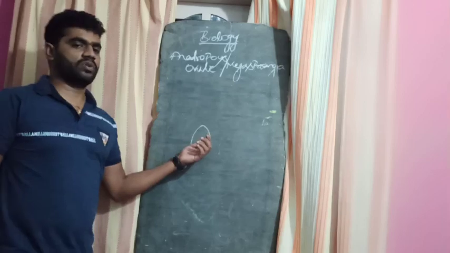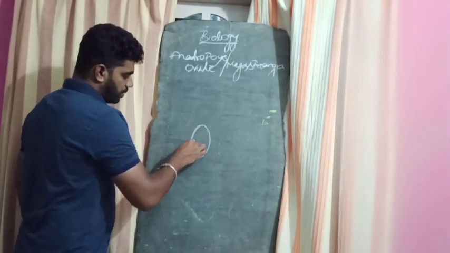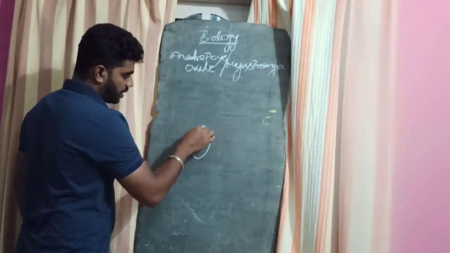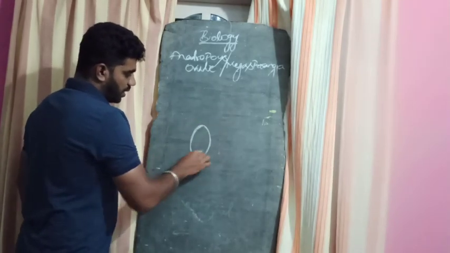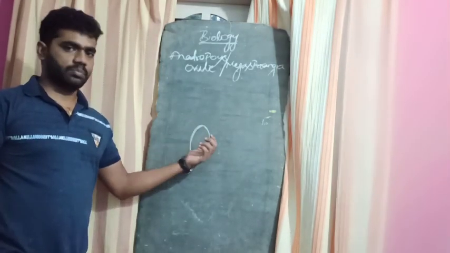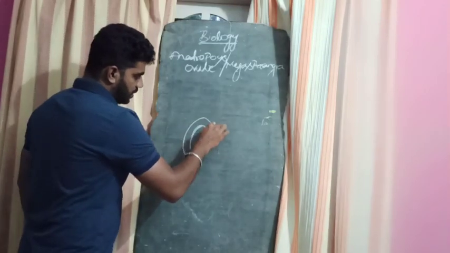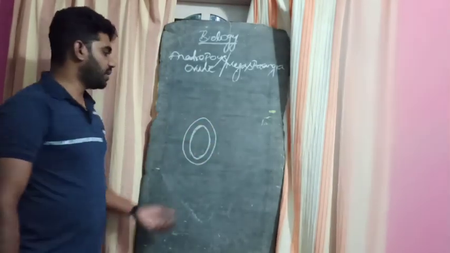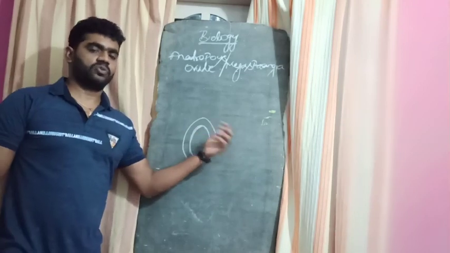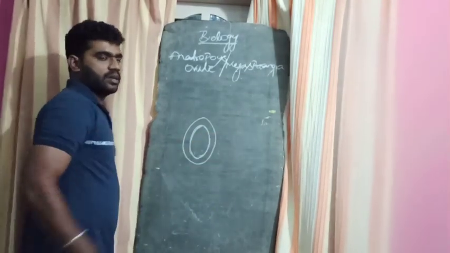First we should draw this oval shape, which is present inside the ovule, and it is called the embryo sac. Above the embryo sac there is a mass of cells which we call the nucellus.